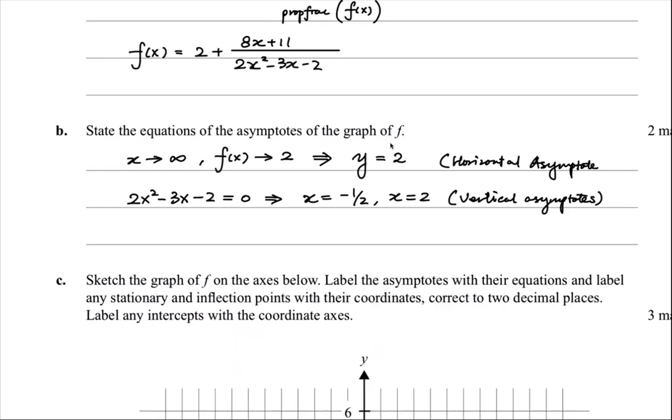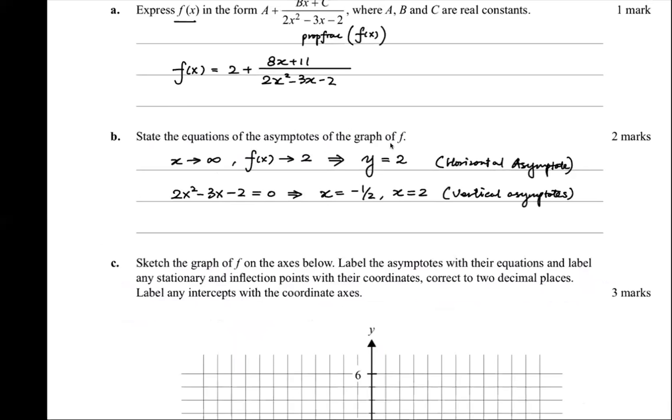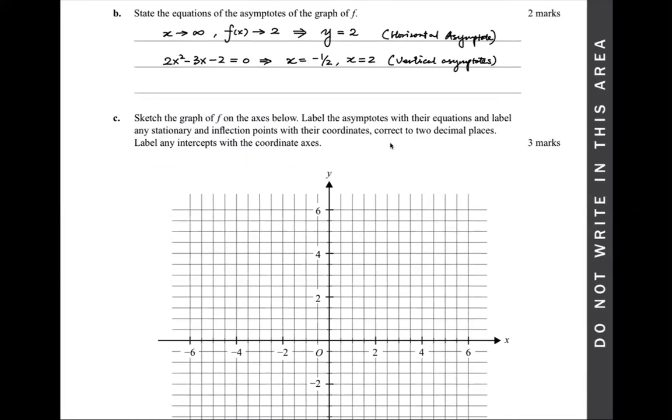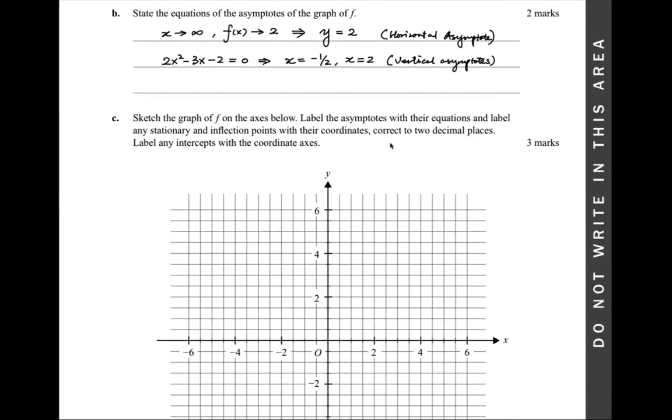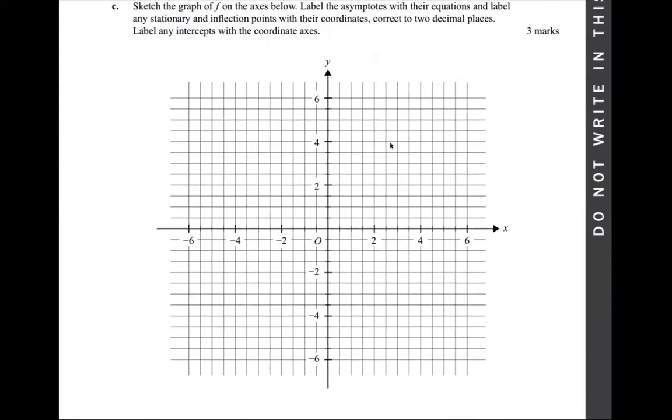And for part 3, part C, you can use the previous result like, okay, you obtained 3 asymptotes. Now, just draw the asymptotes with your ruler, okay? Okay, so that is one vertical asymptote. And another vertical asymptote is at x equals to 2. So make sure you accurately plot them and label them, okay, with the equations.